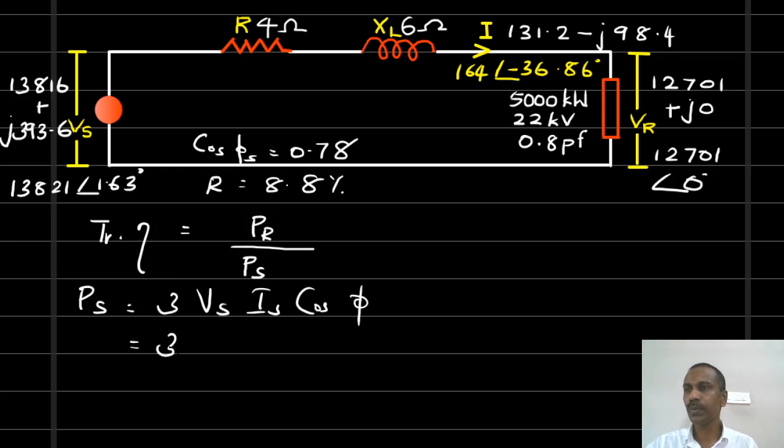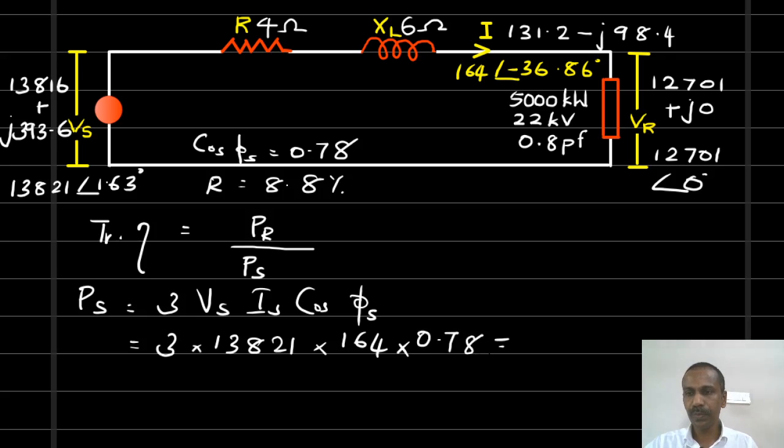So this is equal to 3 into Vs equals 13821 into Is equals 164. The source current is same as the receiving end current because all are in series. 164 into the sending end power factor, 0.78.